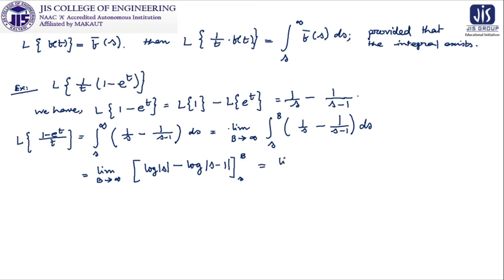So in the next line, we can write it as limit b tends to infinity. Using the property of logarithm, I can write it as log of mod of s by s minus 1, and the limit remains the same, s to b. Finally, our job is now to find the limit of this problem.